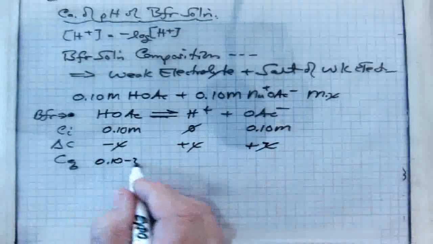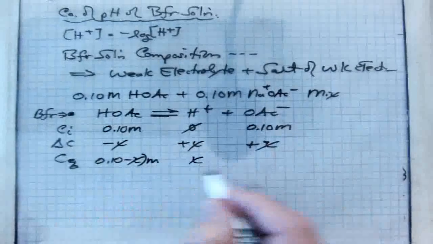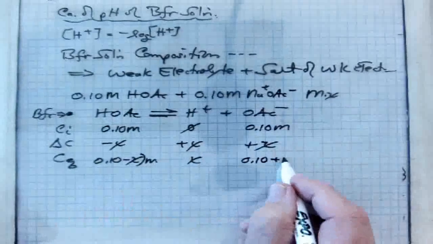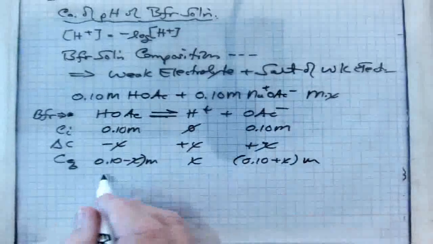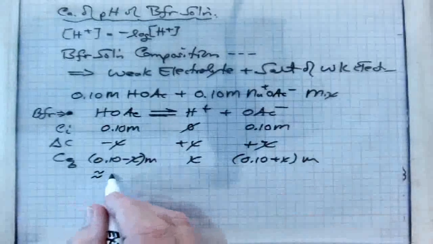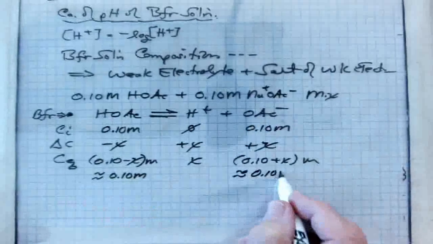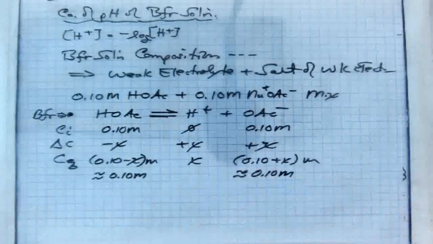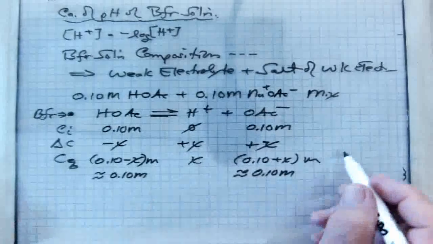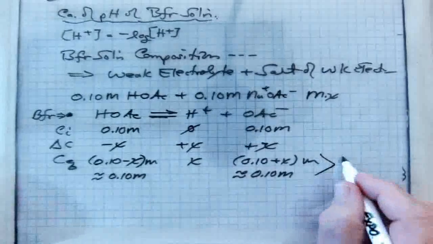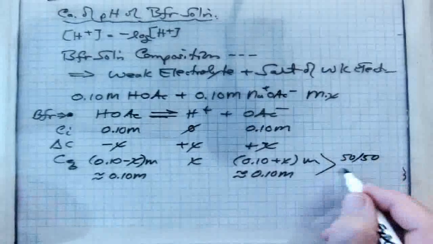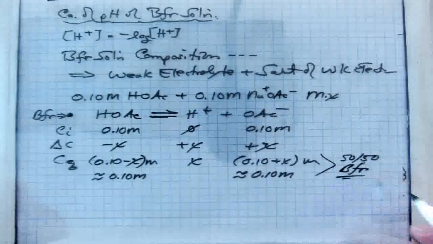So in a 50-50 buffer, the hydronium ion concentration is equal to the Ka value. Or in a 50-50 weak base conjugate acid solution, it'd be equal to the Kb value.